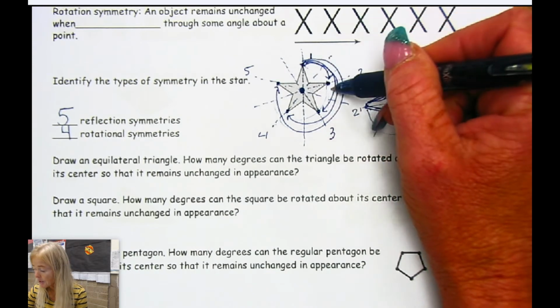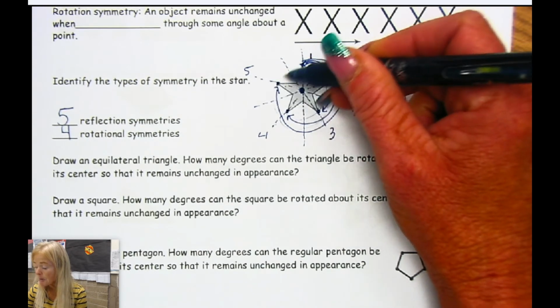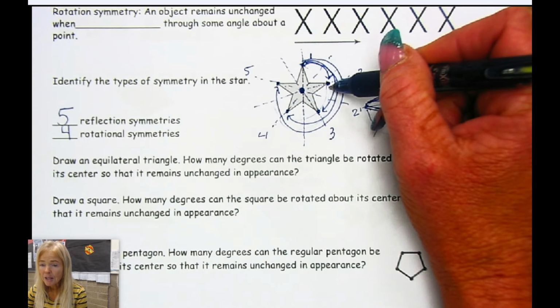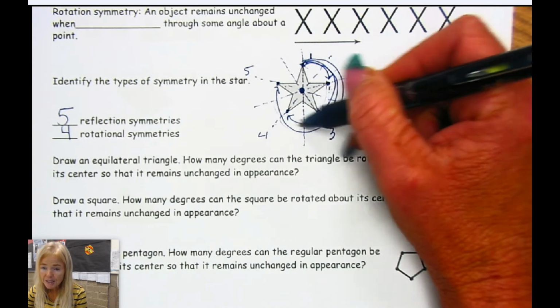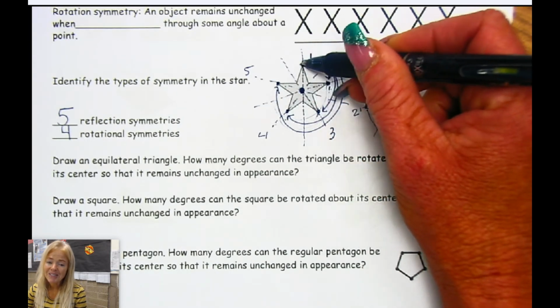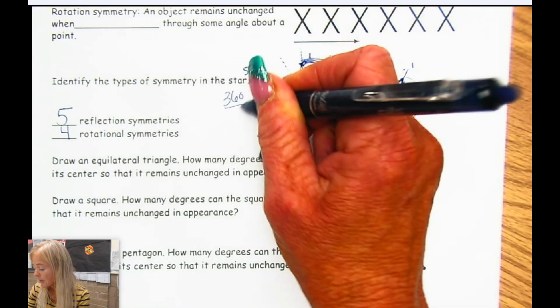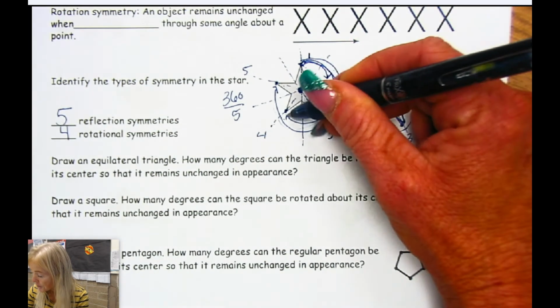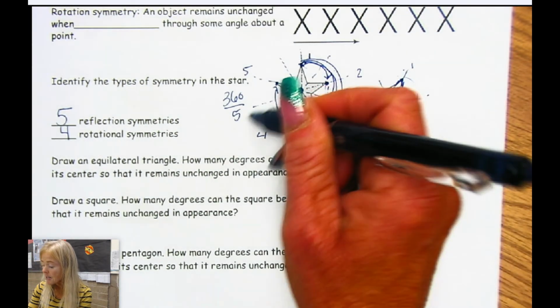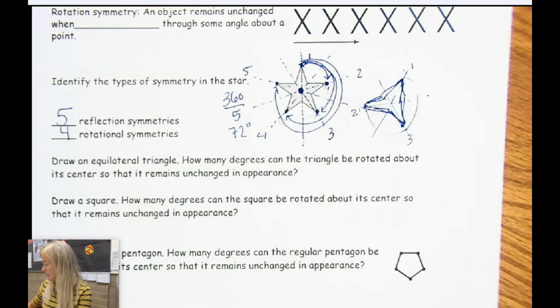If I go all the way around 5 times, I'm going to be back at 360. So each one is 1/5 of 360 degrees. So if I take 360 on the star and divide by 5, because there are 5 rotations to get back to the 360, then that's 72 degrees.